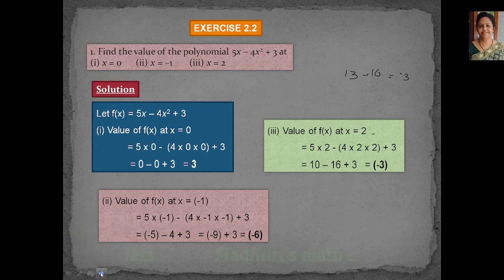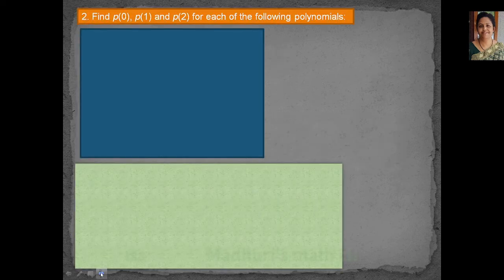Now next one. Find P(0), P(1) and P(2) for each of the following polynomials. Here P(y) is equal to y squared minus y plus 1. Now we want to find P(0), P(1) and P(2).